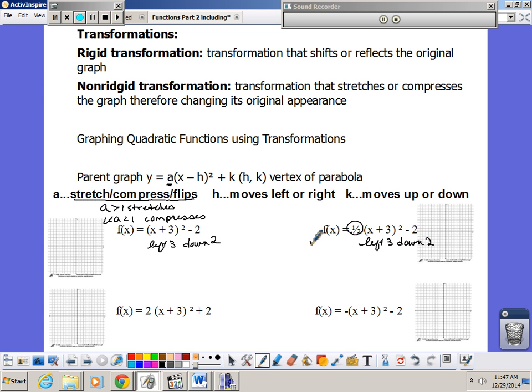This portion here compresses it by 1/2. Left 3, up 2. This part stretches it by 2. Left 3, down 2, and this flips it.